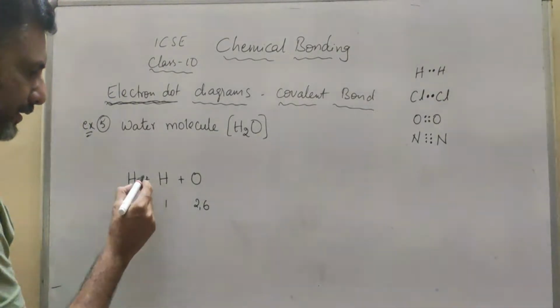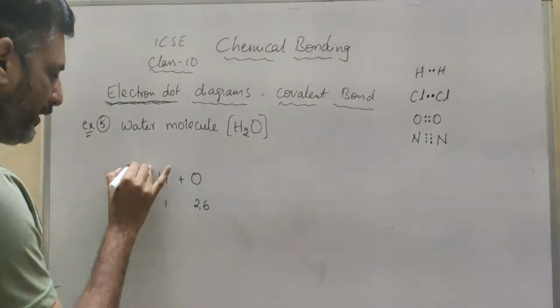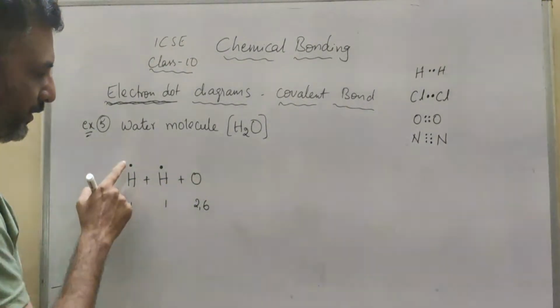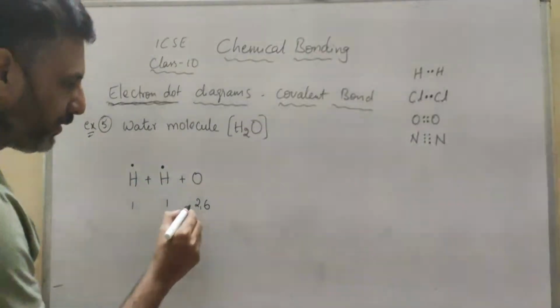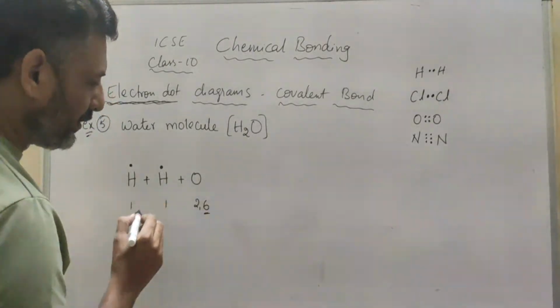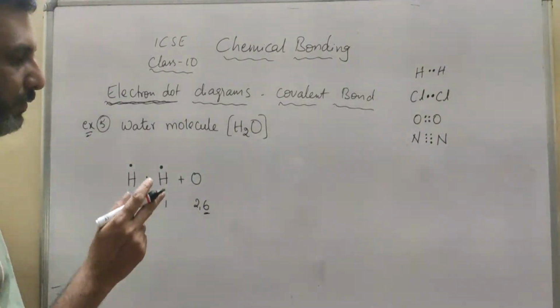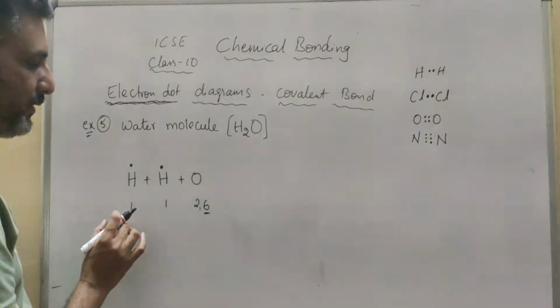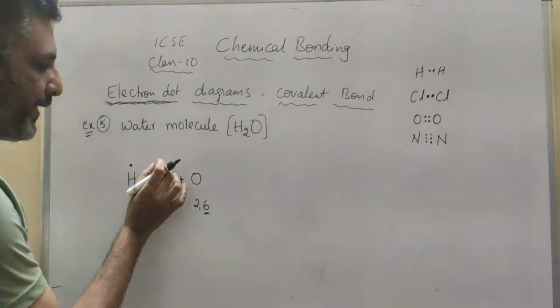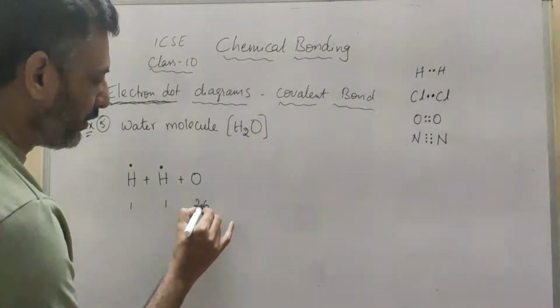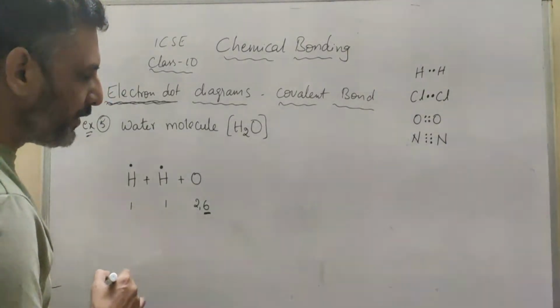If you show the electrons of hydrogen with a dot, 1 electron here, 1 electron here. Now coming to oxygen, 6 valence electrons are there. So 6 electrons you have to show around oxygen. When you are taking 2 different elements, for one element you take dots and for the other element you take crosses.